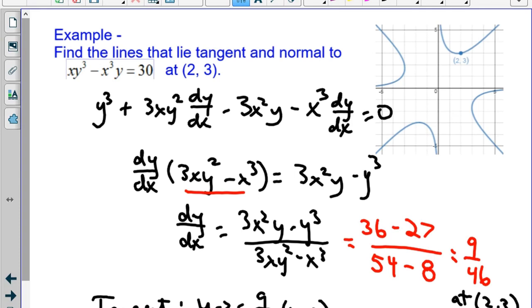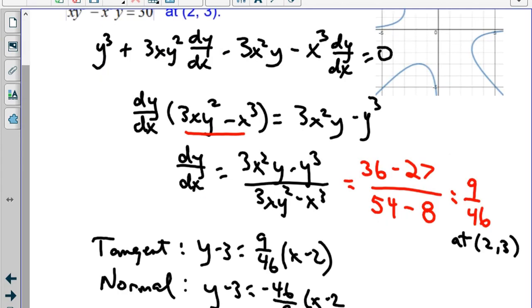So we have 3x squared y minus y cubed over 3x y squared minus x cubed. We substitute in 2 comma 3, and I got 9 over 46. I double checked it, but I've been known to make some algebra or substitution mistakes, so you might want to double check that. And if I screwed up, let me know. So then we have tangent and normal equations listed below.